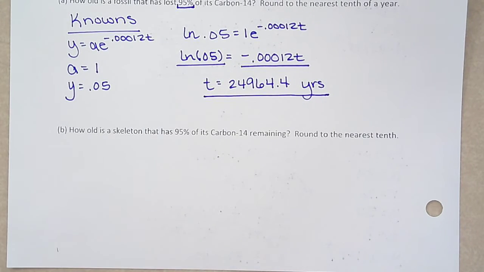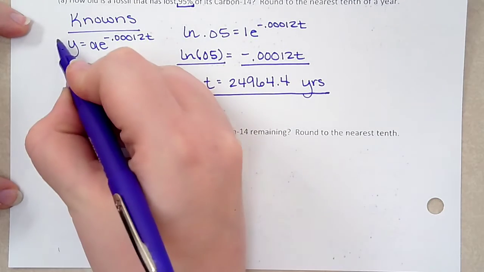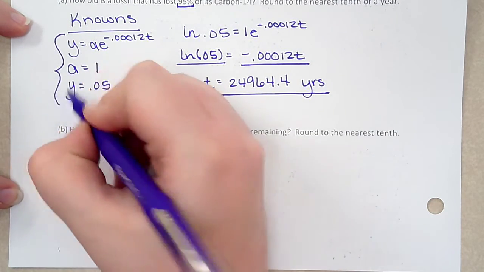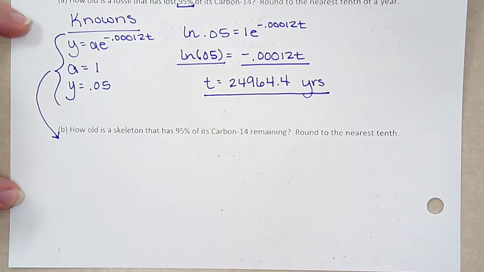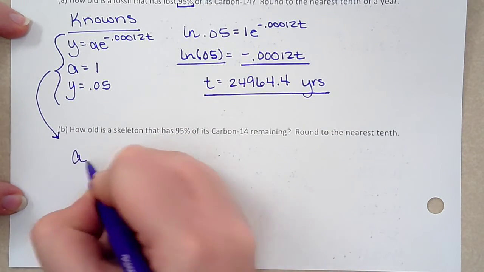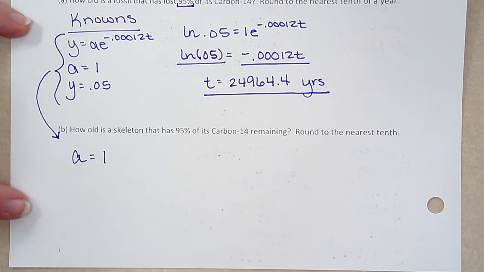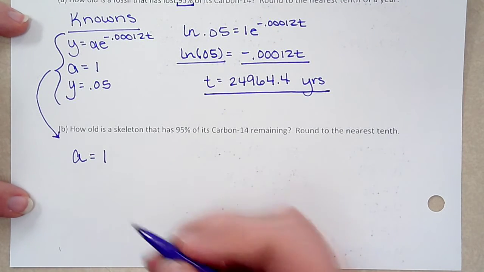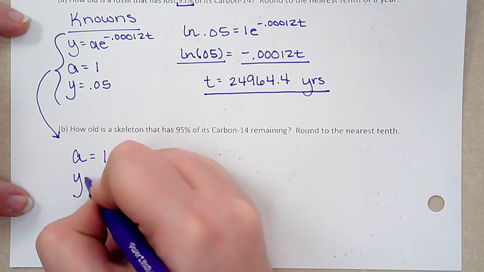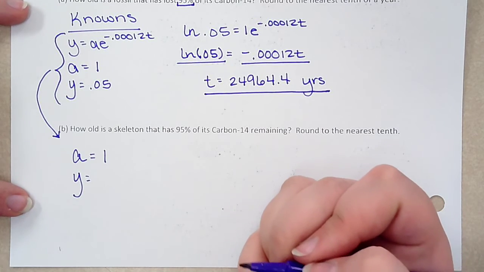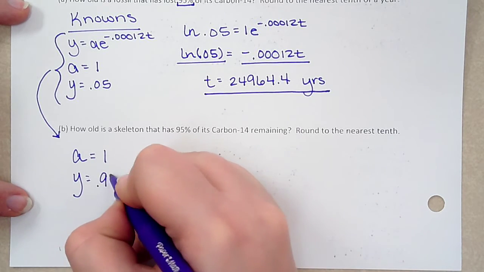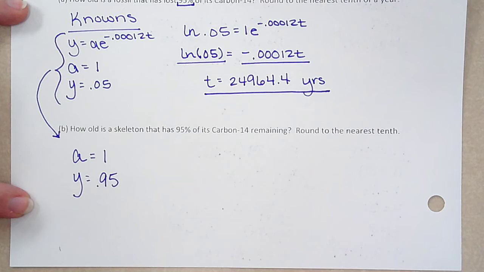All right, last one. It says, how old is a skeleton that has 95% of its carbon-14 remaining? Well, our knowns all stay the same, so I'm just going to say these all come down here. The only differences are A still starts as 1 because we started with 100% of the skeleton, but now our Y, instead of losing 95%, has 95% left over.